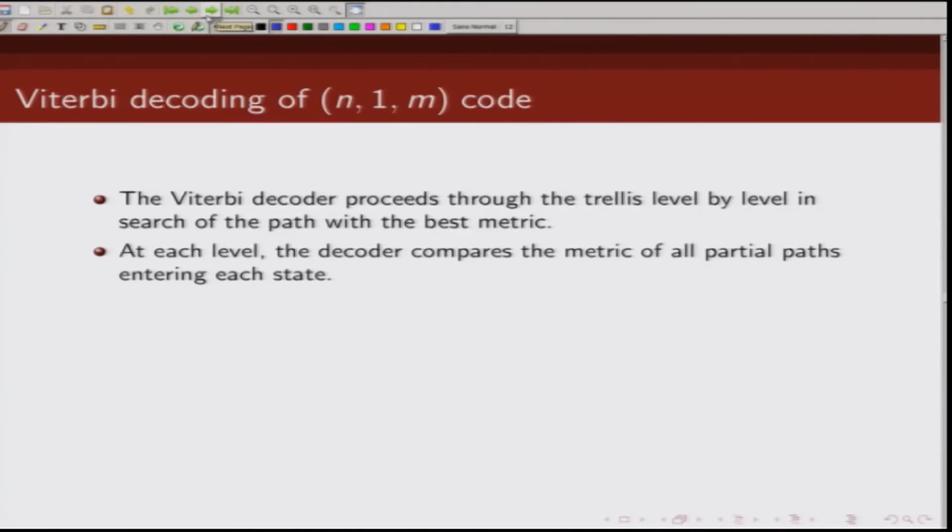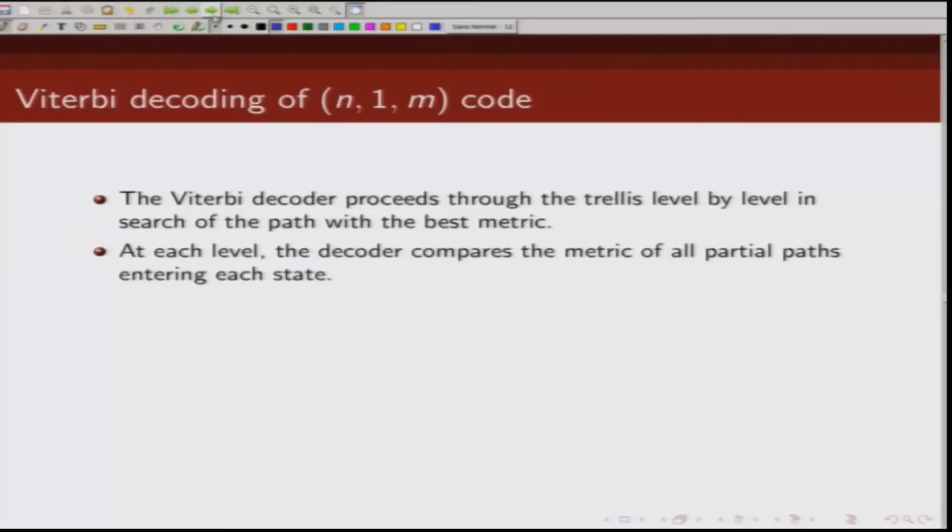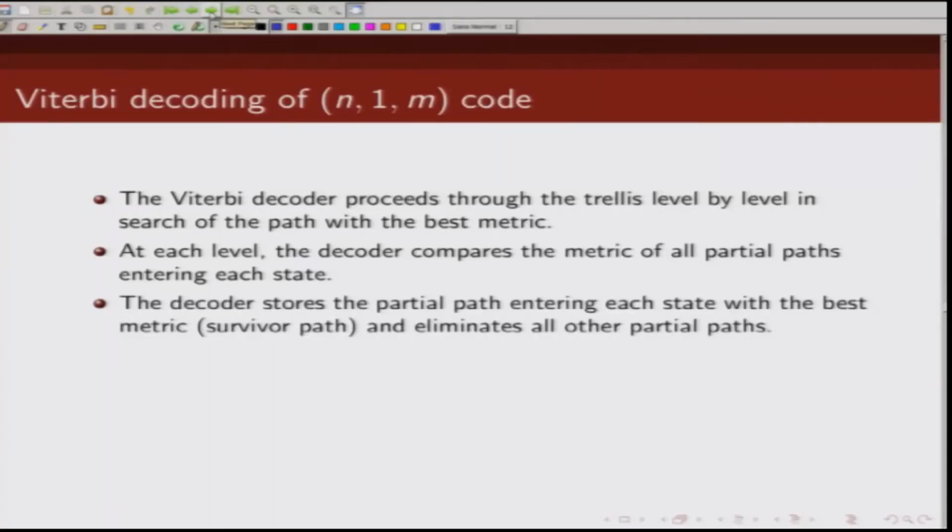At each level the decoder is going to compute and compare the metrics of all partial paths entering that particular state, and it is going to choose the one which has the best partial path metric at that time instance. So, the decoder stores the partial path entering each state with the best metric.